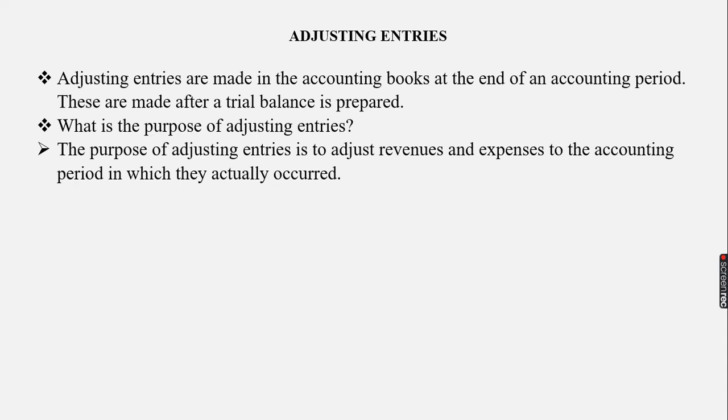Okay? So, the purpose of adjusting entries is to adjust revenues and expenses to the accounting period in which they actually occurred. Yung dapat kung saan date nila i-declare yung expenses nila, kung saan date nila ilagay yung revenues nila. So, yun yung adjusting entries natin.